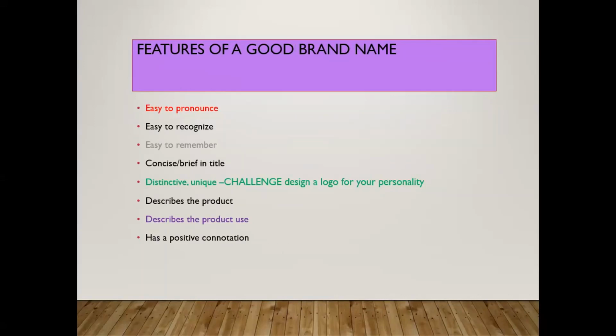It describes the product, and it also describes the product's use. And usually a brand name has a positive connotation. In other words, when you see the brand name, it usually causes you to have a positive response.